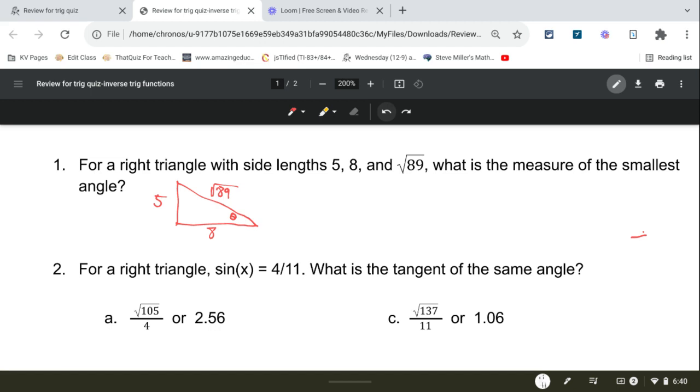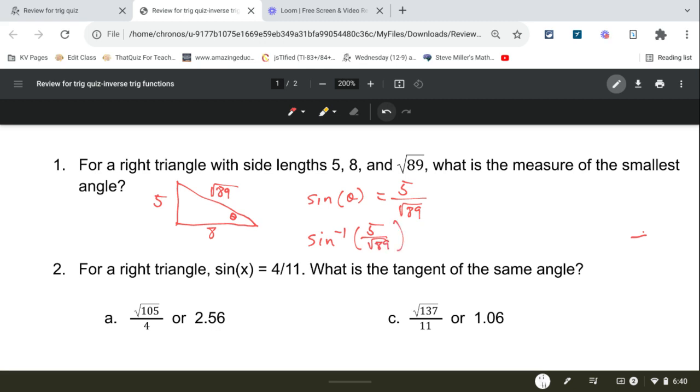To find this angle, you got a lot of choices. You could use sine, which would be sine of theta is equal to opposite, which is 5, over root 89. And so your angle, theta, would be sine inverse of 5 over root 89.